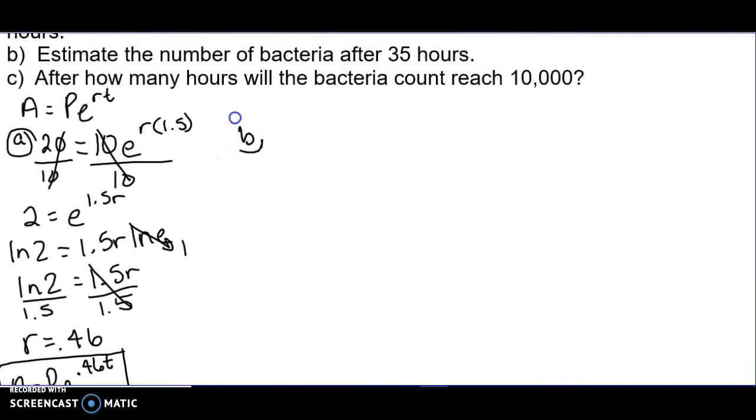Part B says, estimate the number of bacteria after 35 hours. So I'm going to use the same setup. A equals 10, which is my P value, times e, my rate was 0.47, my time is now 35 hours.